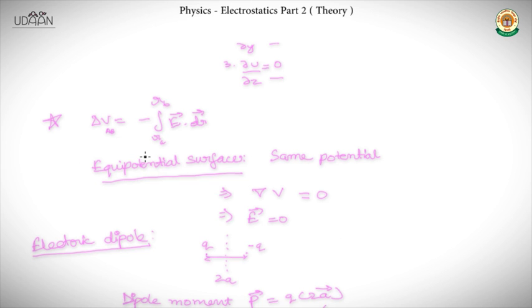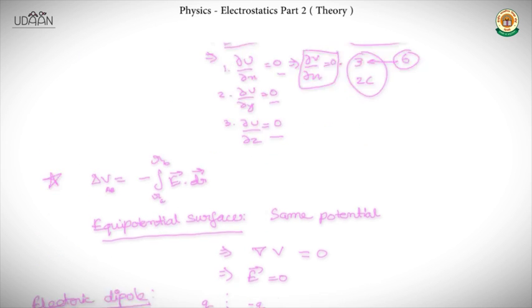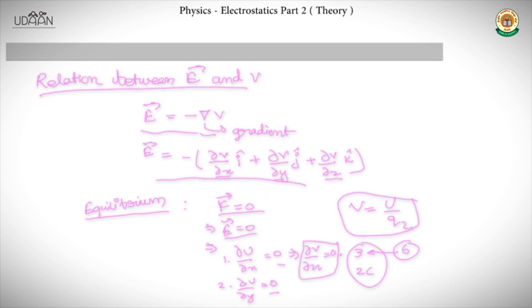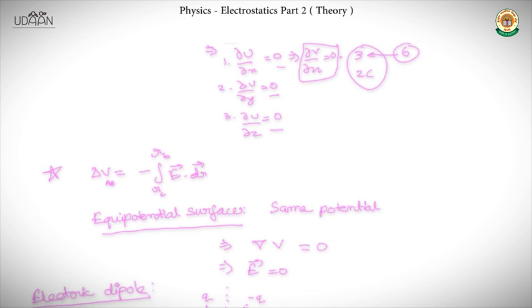So this equation is also very important. This is the same as this equation in a different form. It says delta VAB is equal to negative of the integration from RA to RB of E bar dot dr. So how to interpret this is, say there are 2 points A and B, and we want to find the potential difference between these 2 points, that is VA minus VB.